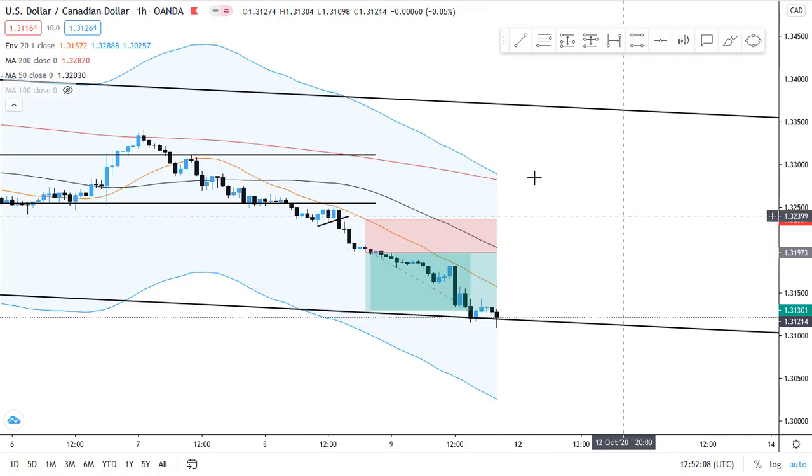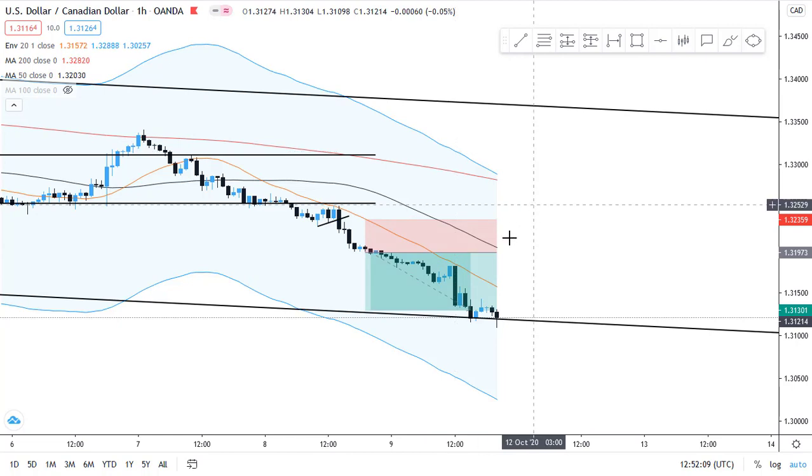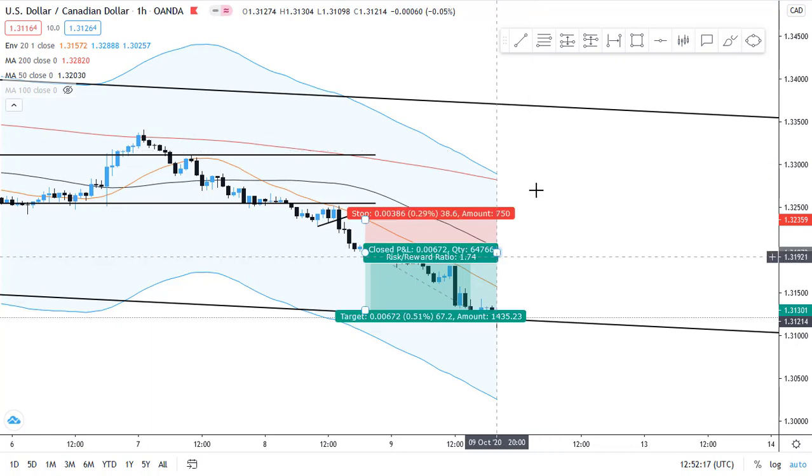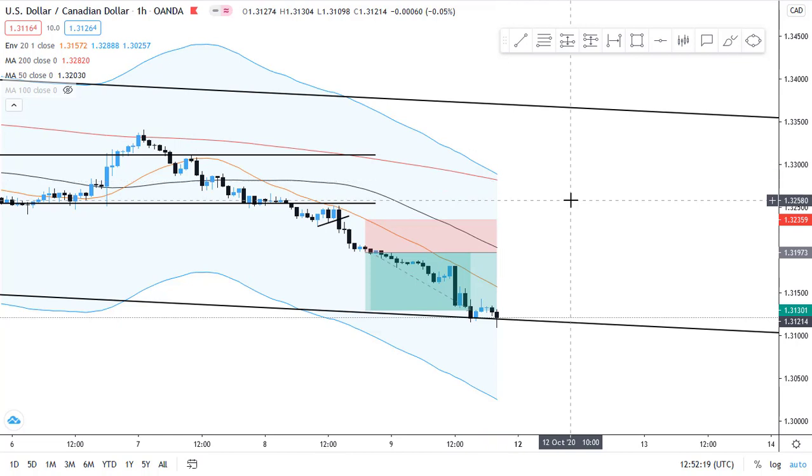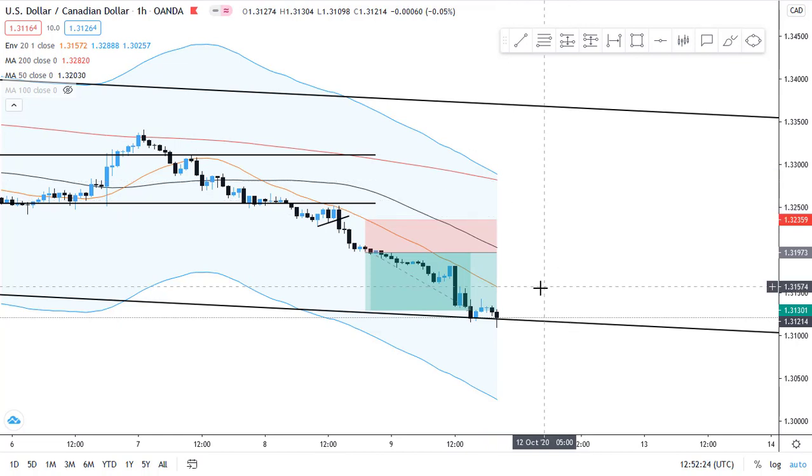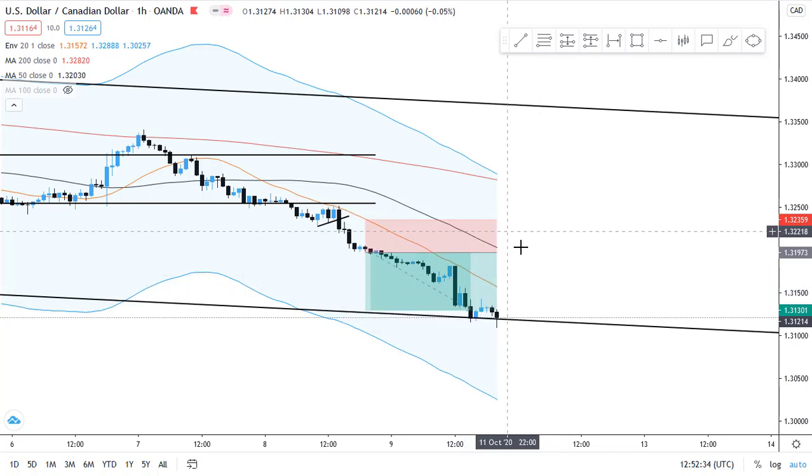So to make it short, the 200 MA is up, meaning the market is moving to the downside. The 50 MA is below the 200 MA, another confirmation that the market is moving to the downside. And to make it even more confirmative, the 20 MA is below the 50 MA.